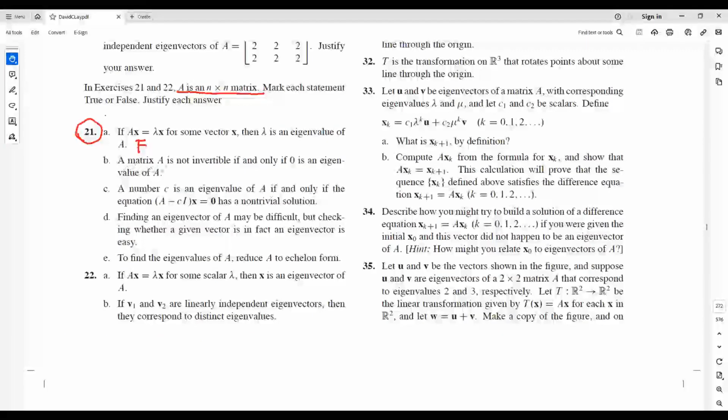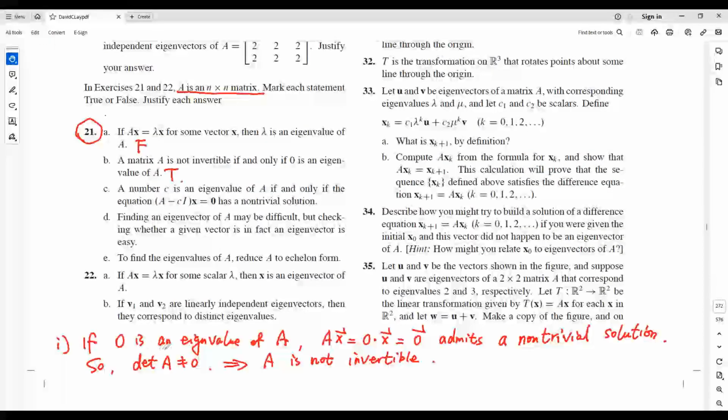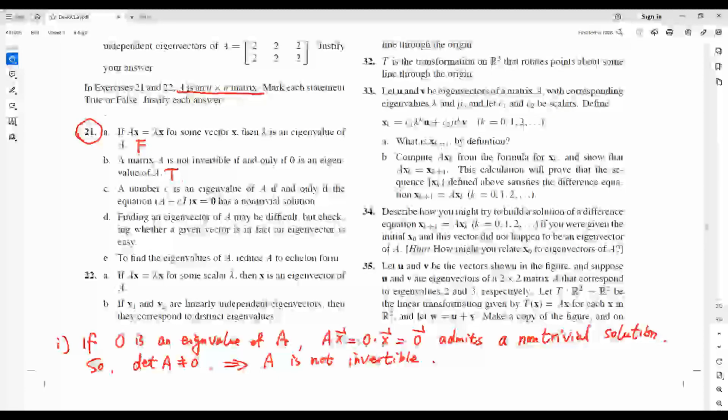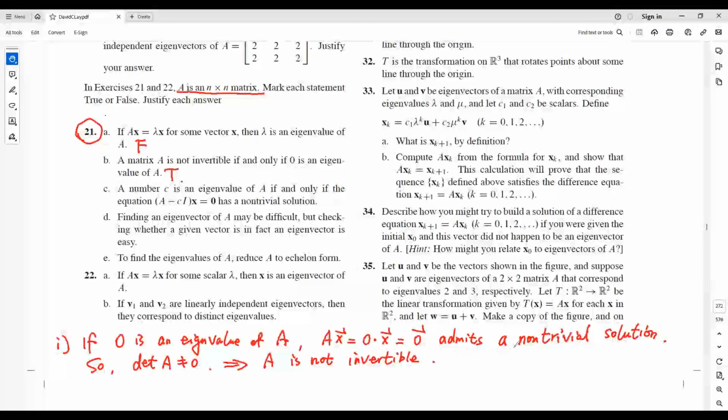B. A matrix A is not invertible if and only if 0 is an eigenvalue of A. True. If 0 is an eigenvalue of A, then Ax equals 0 admits a non-zero solution.